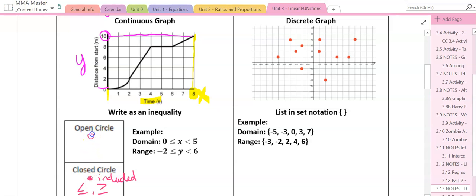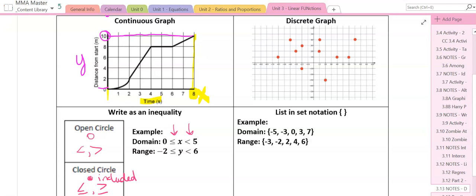An open circle or an open dot means it doesn't include it, and that's going to be your less than or your greater than sign. And we write these all as inequalities like this. They're almost always going to be set up like this, using the less than signs. Every so often when you have an infinity, it might change, but for most intents and purposes, we're going to use it like this.